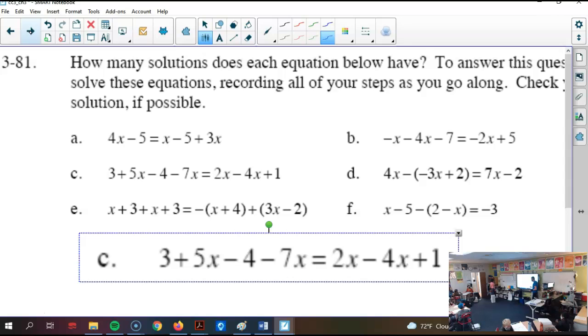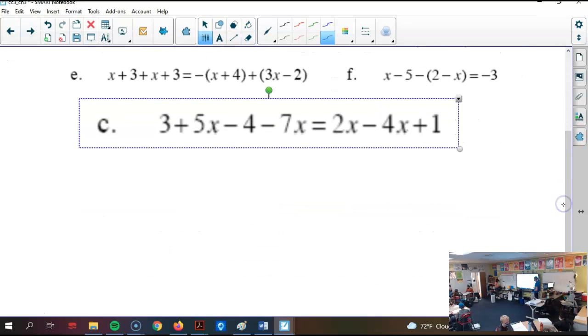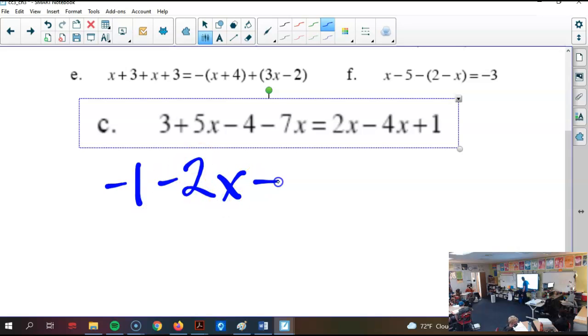Aiden Summers on C. I'm starting to think we continually have to simplify first. So go ahead and tell me, when we simplified, what did you get? When we simplify, I got negative 1 minus 2x equals negative 2x plus 1.